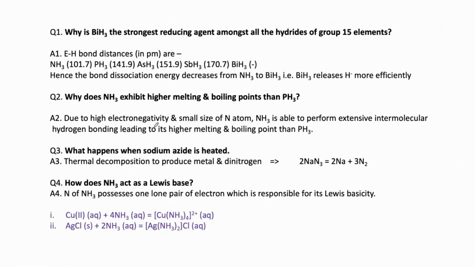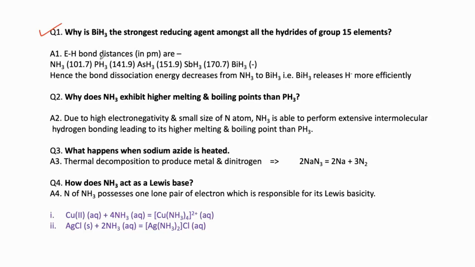So in the next slide, we will be discussing some basic questions on the group 15 elements that are very important for examination purposes. The first one is why is BiH3 the strongest reducing agent amongst all the hydrides of group 15 elements?